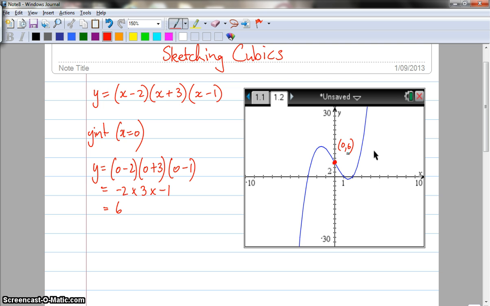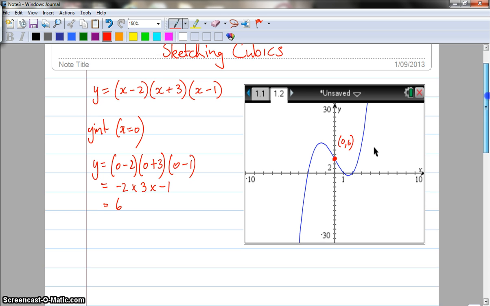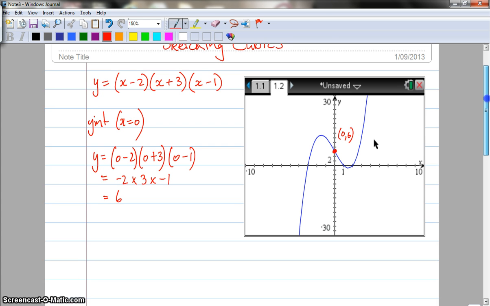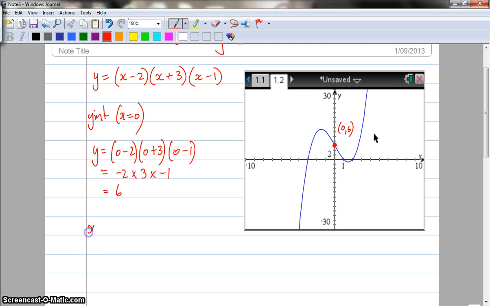Now to get my x-intercepts, I use a little bit of the knowledge that you learnt in your other maths together with the knowledge we've learnt in this maths. So to get my x-intercepts, again, it's always when y equals 0. So I'll now have the equation 0 equals (x minus 2)(x plus 3)(x minus 1).